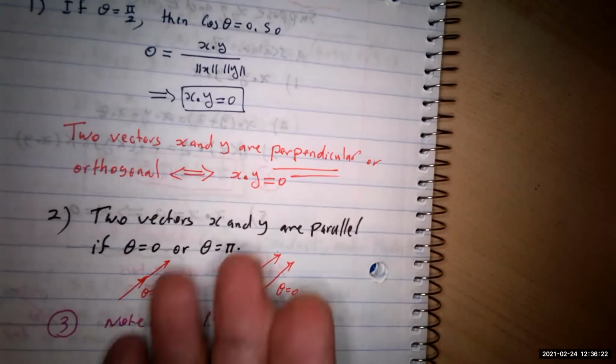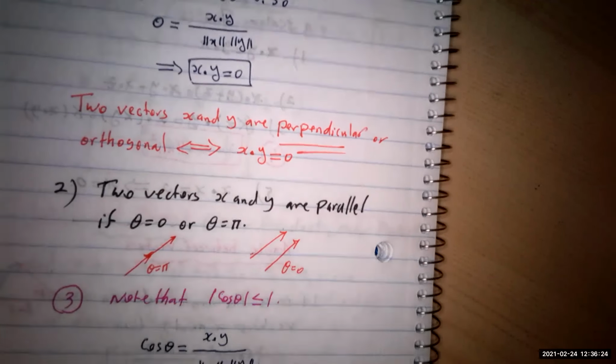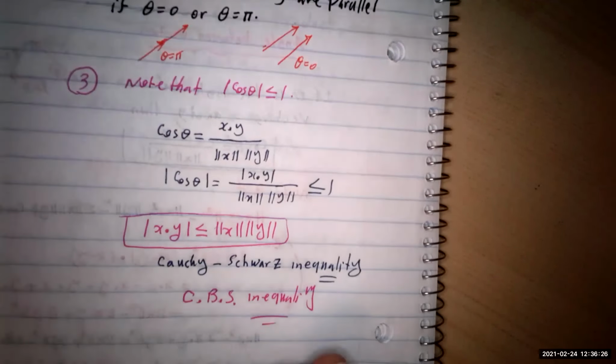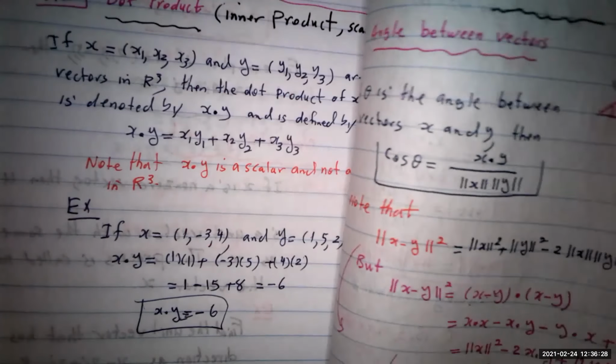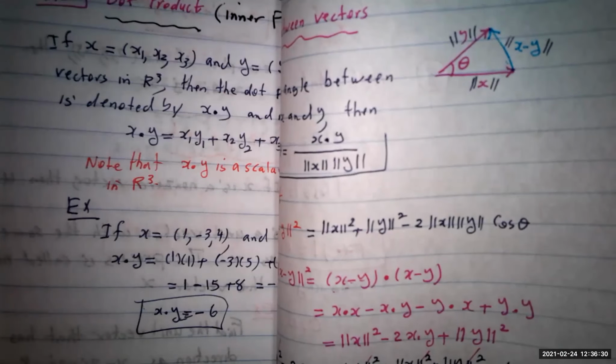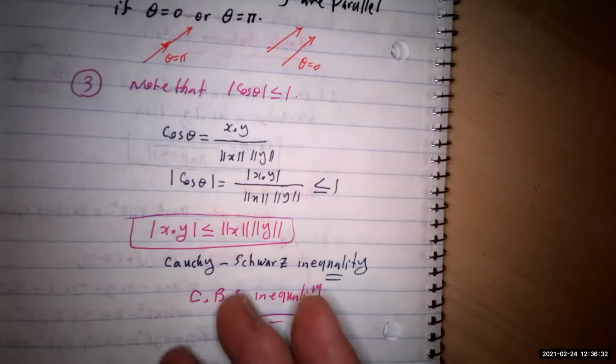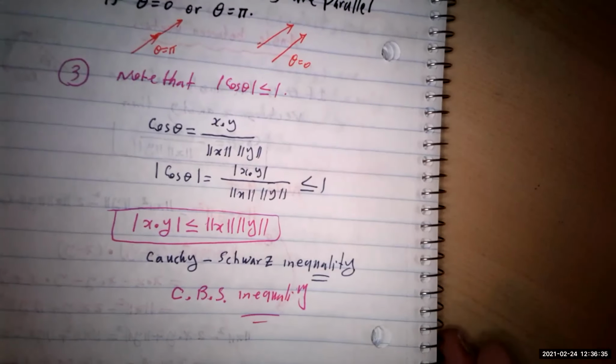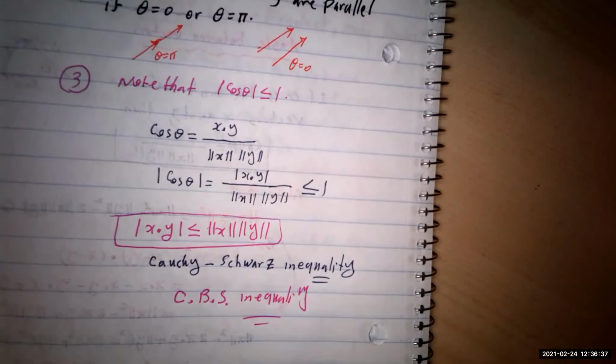I could just write the definition for you, but what I did was use the angle between the vectors. And the Cauchy-Schwarz inequality is going to be used quite a lot in the future if you go on to advanced linear algebra.